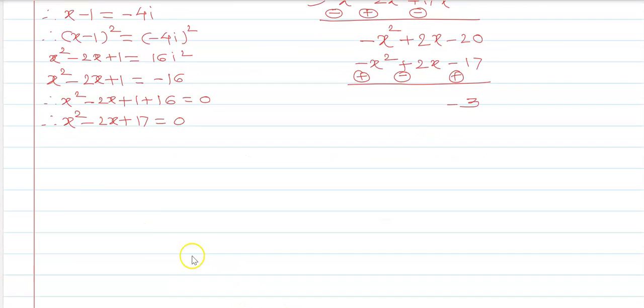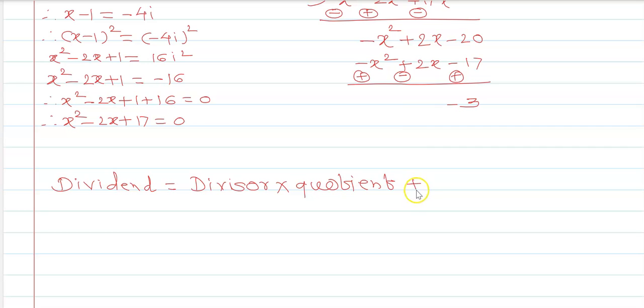And hence, again by the division algorithm, what is that? Dividend is equals to divisor into quotient plus the remainder.